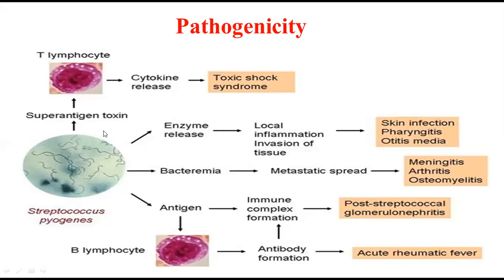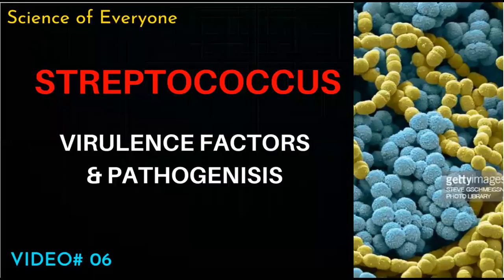So, summarizing, these are all the pathogenicity: how enzymes and toxins are produced, how they move inside the body, and how they cause infection. So this was all about the pathogenicity and the virulence factors of Streptococcus pyogenes.